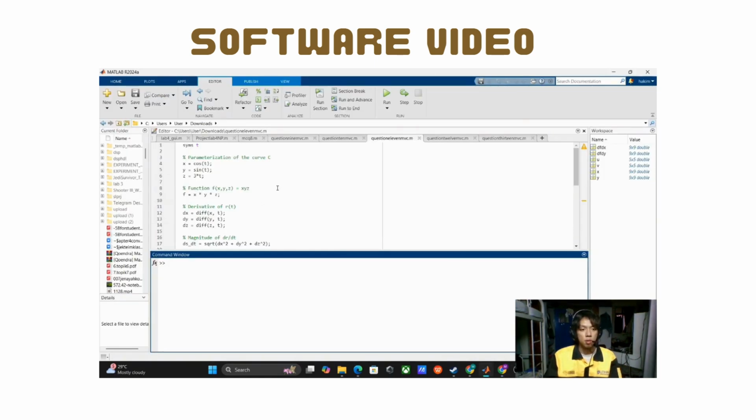Proceed to MATLAB question 11. So I use syms to define the curve and f(x,y,z).